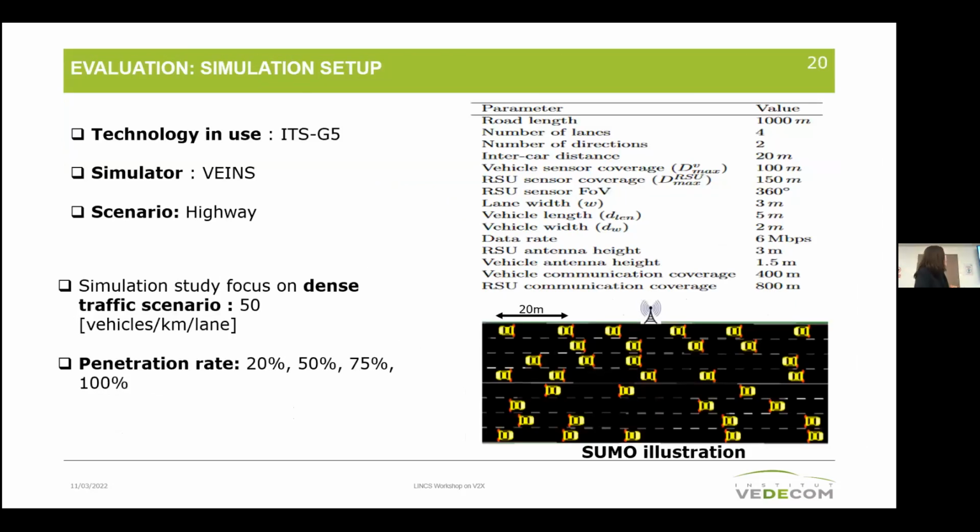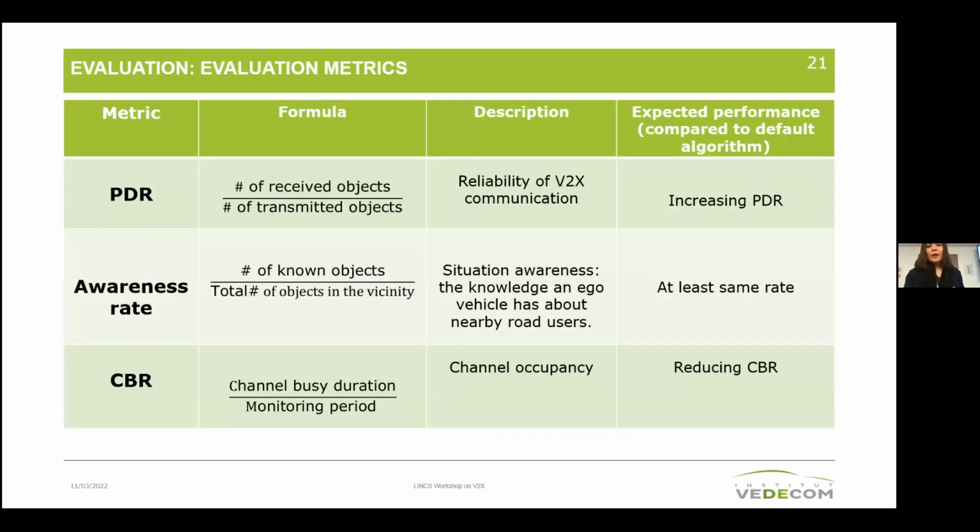Then we made a simulation using a six-lane highway with different penetration rates of vehicles. We measured three types of metrics. First, packet delivery ratio. Second, awareness rate, which is the number of objects known by each vehicle compared to the total number of objects that actually exist on the road.